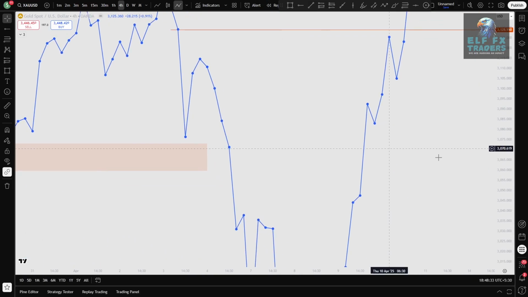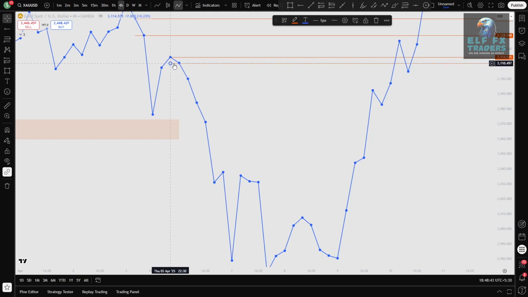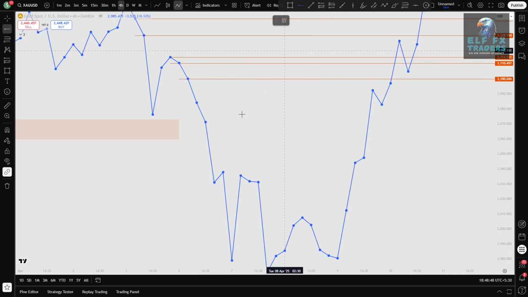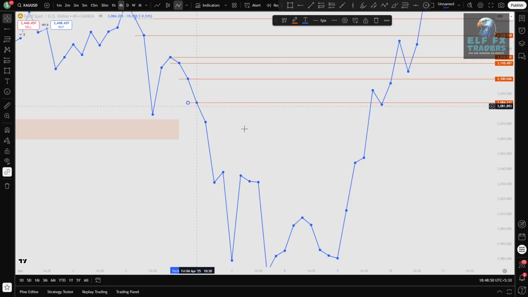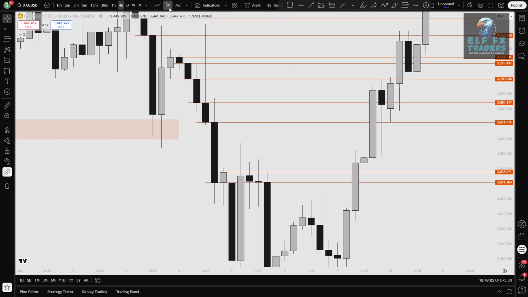If you keep on plotting these points that you are seeing here, you will find out that all of these points are the closing of a candlestick, the body of a candlestick. We now go to the candlestick. Have you seen?